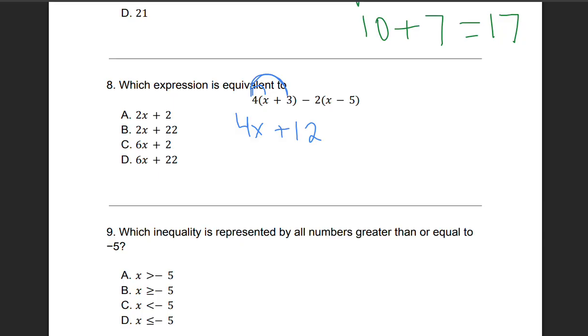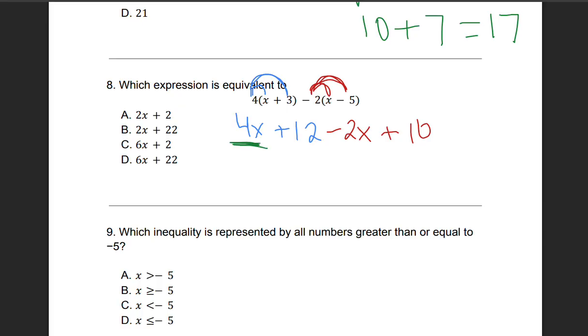Then we move into the second set of parentheses. We have that negative 2 times x is negative 2x. Sign rules, be careful. Negative 2 times a negative 5 turns into a positive 10. And now we're going to search for like terms. When we have more than 3 terms and we're trying to simplify, use specific markings to help you and guide you in making sure you are combining the correct terms.